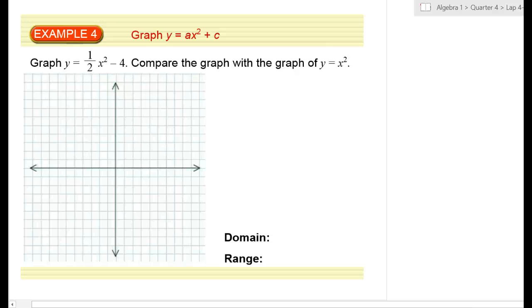So here, a combination of a couple things. Again, there's no b value, so I'm just going to jump right in to making a table. I'm going to pick the points here so I don't have nasty fractions to deal with. I'm going to choose -4, -2, 0, 2, and 4.